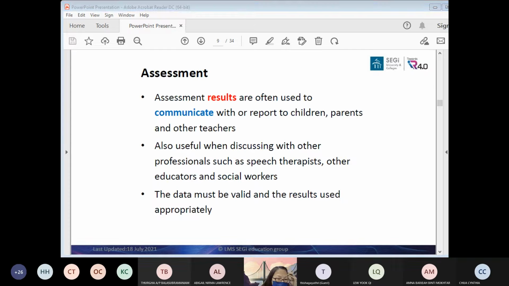Okay, now, as I mentioned again, informal assessment, how do you do it? You ask open-ended questions during their free play. And once you get all the data that you've collected, as I said just now, what do you do?